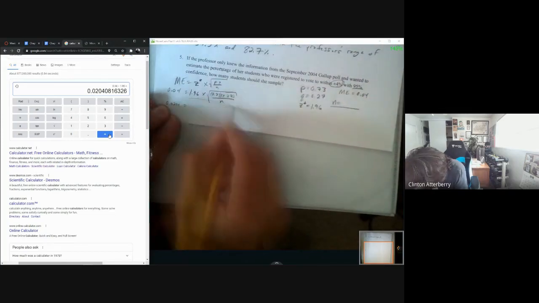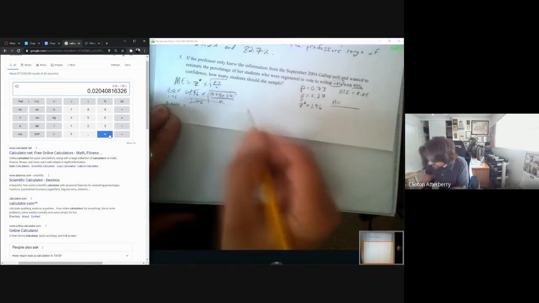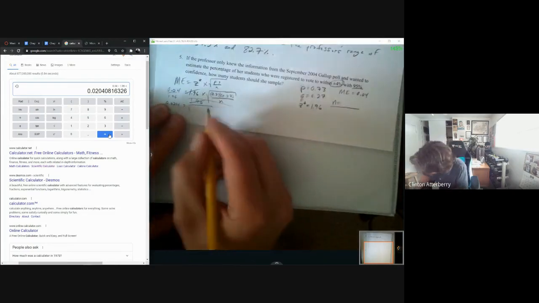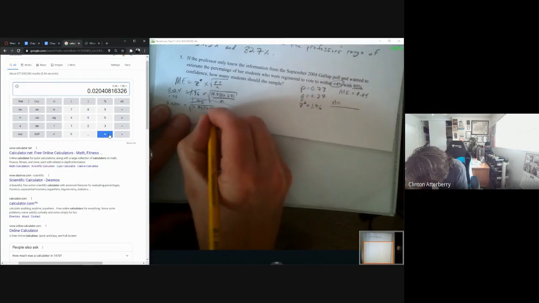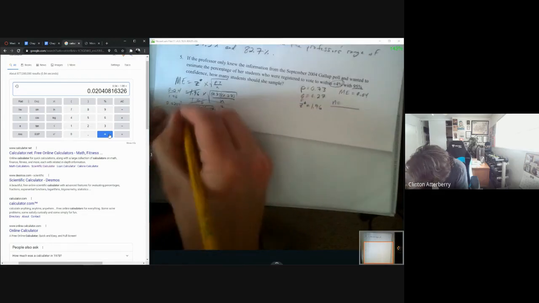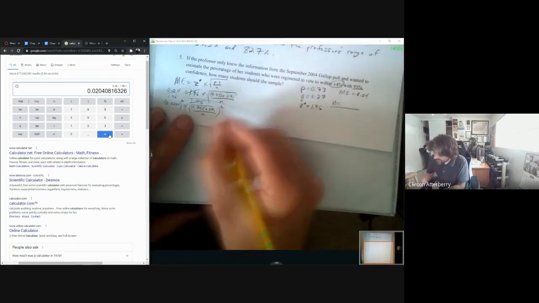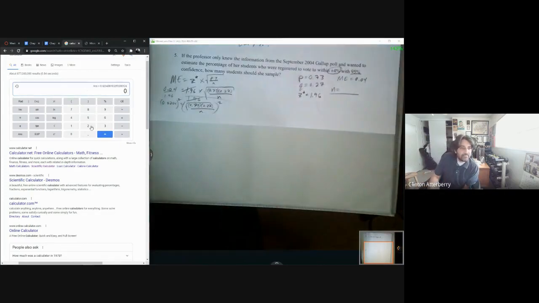So dividing both sides by that 1.96 gets rid of that, right? And now I have this square root business. Before I multiply that out, I'm going to just square both sides. And that gets rid of the square root. Okay, so I'm going to take this and square it.